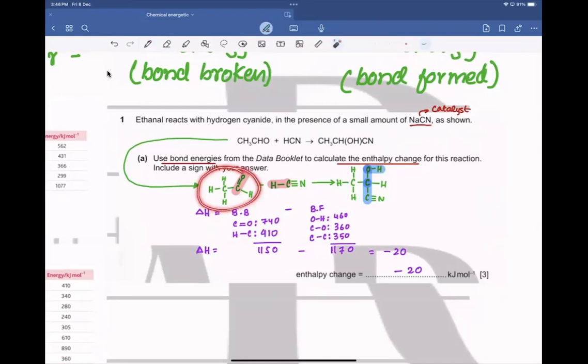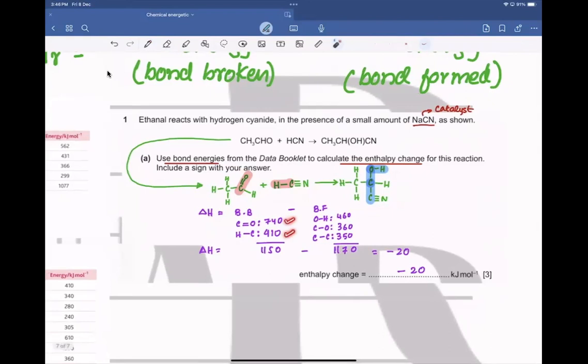So first we have to make the molecules, their structures, in which each bond is shown, so you can easily identify which bonds are broken and which bonds are formed. Then put the broken bonds and their bond energy on one side, and the bonds which are formed and their bond energy on the other side, take the sum, then subtract it, and you will get the enthalpy change.